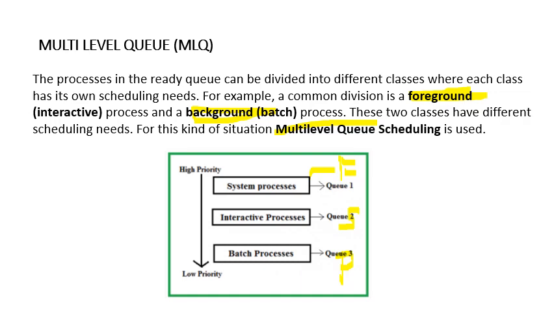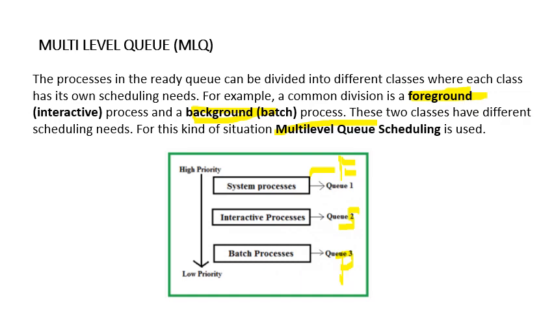What did you observe here? We can assign different algorithms to different processes, but the disadvantage is starvation. Multi-level queue suffers from starvation.